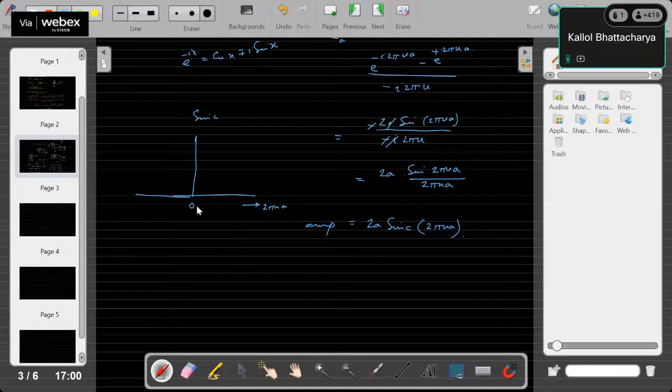At twice pi times 0, this is equal to 1, because sinc of 0 is 1. So this would go on like this, and you get the first 0. The first 0 would be formed when 2 pi u a is equal to pi. The first 0 on the other side would be formed when this is equal to minus pi.